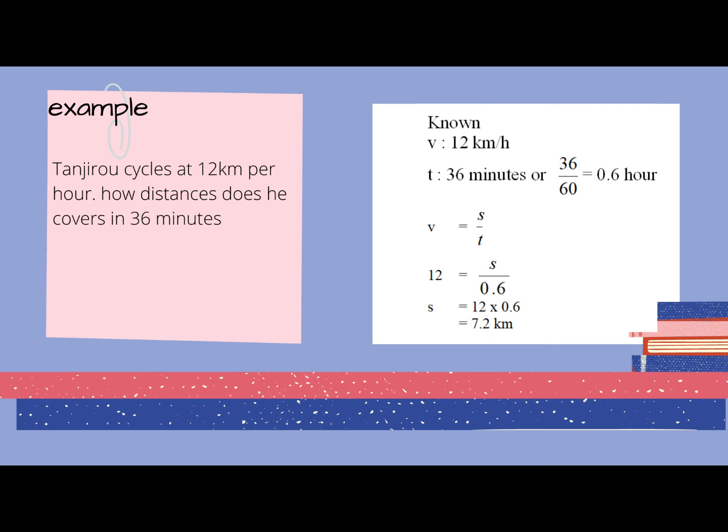This is 0.6 hour. After that, you write down the formula: V equals S over T, and after that you write down the two known values and then you can calculate.